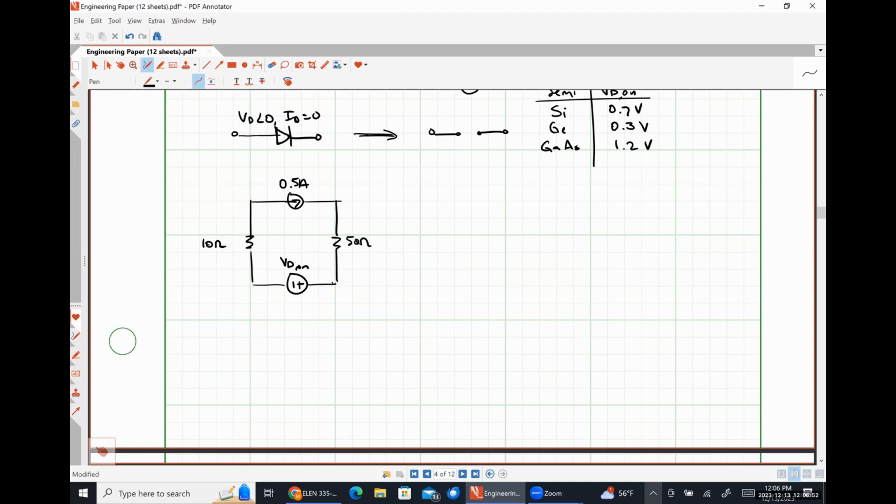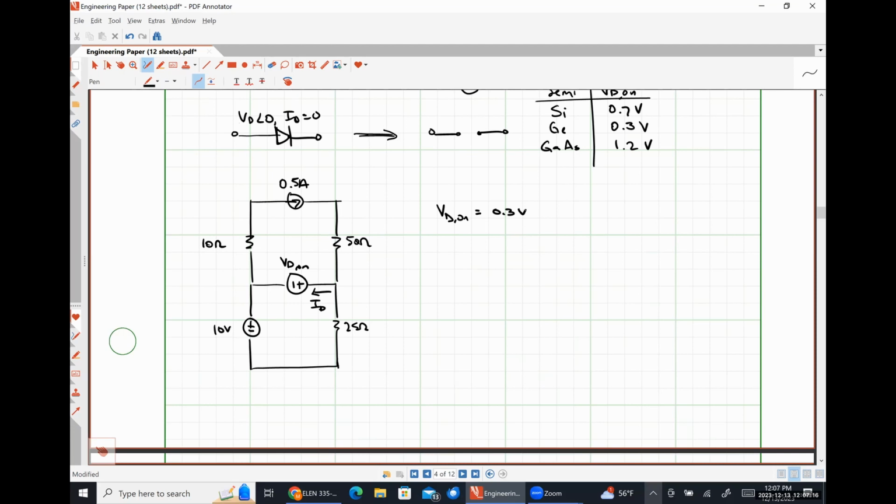Here's our voltage VD on. 10 volts. 25 ohms. Here is our diode current ID. Let's assume that VD on is approximately 0.3 volts so that we have a germanium diode.